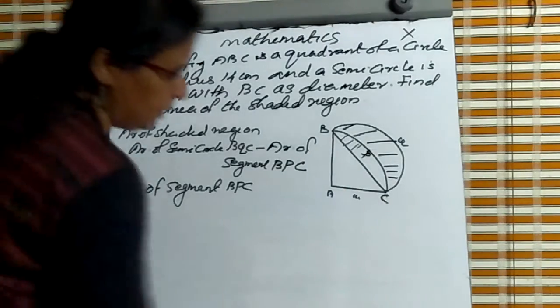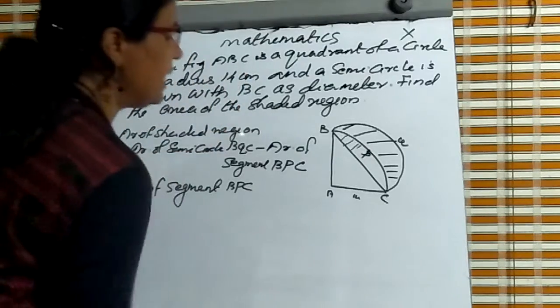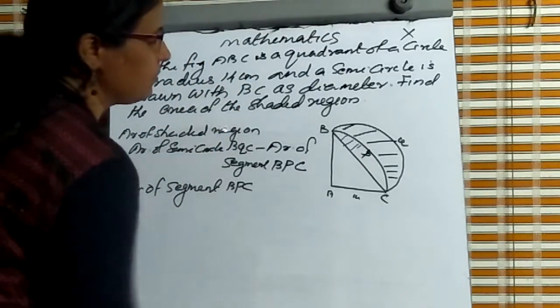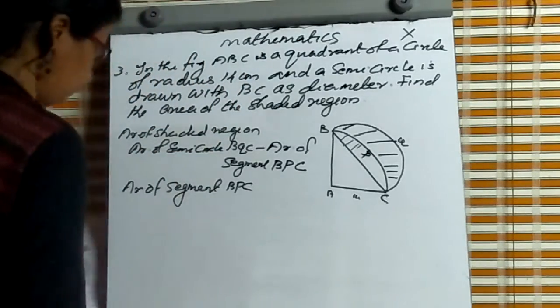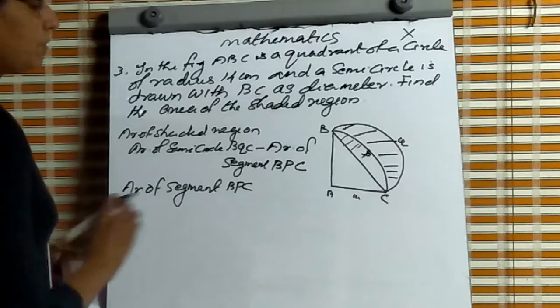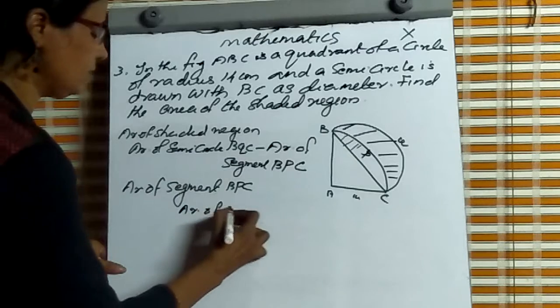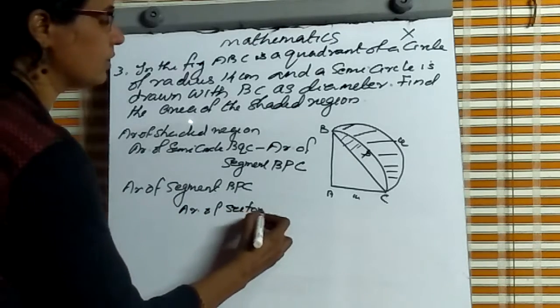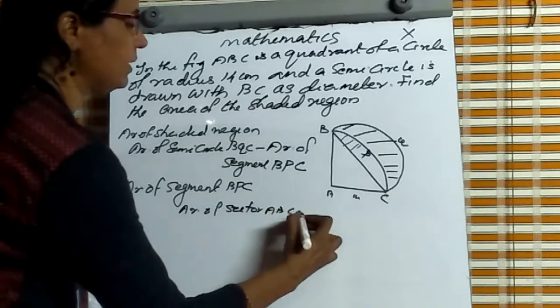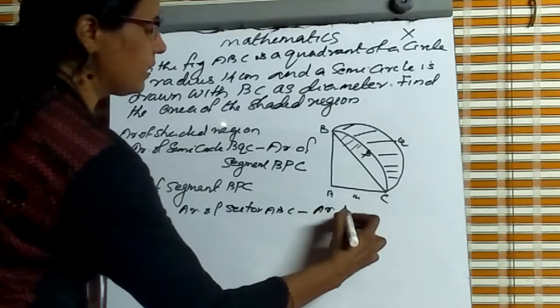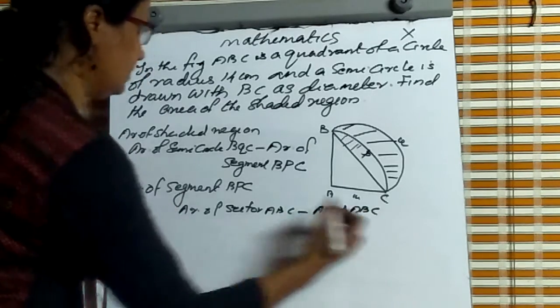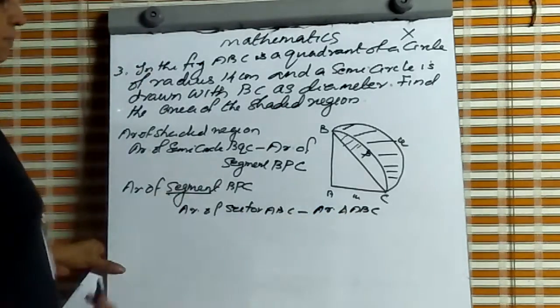Area of segment BPC is equal to area of sector ABC minus area of triangle ABC.